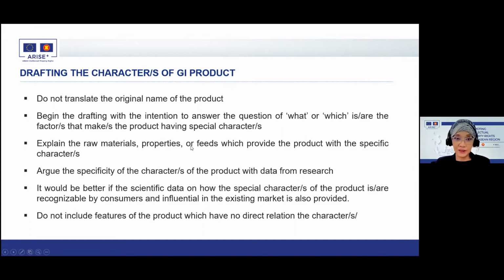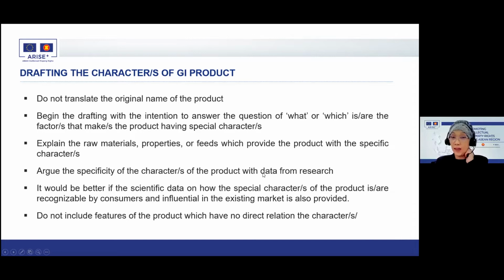Explain the raw materials, properties, or features which provide the product with specific characters. Argue the specificity of the characters of the product with data from research. It would be better if the scientific data on how the special characters of the products are recognizable by consumers and influential in the existing market is also provided.